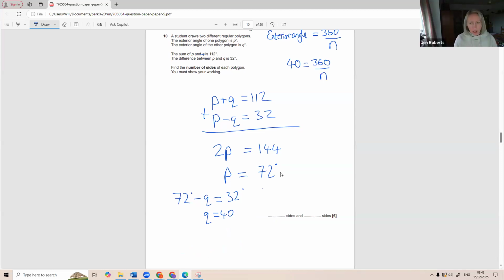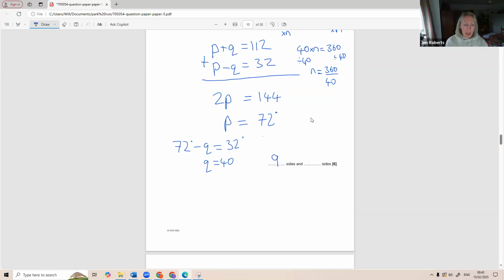So we're just going to rearrange that formula now to get n. I'm going to times both sides by n. I do not want n on the bottom of a fraction, which gives you 40 times n is 360. Divide both sides by 40. n is 360 divided by 40, which is 9. So that's one of my polygons, a 9-sided nonagon.